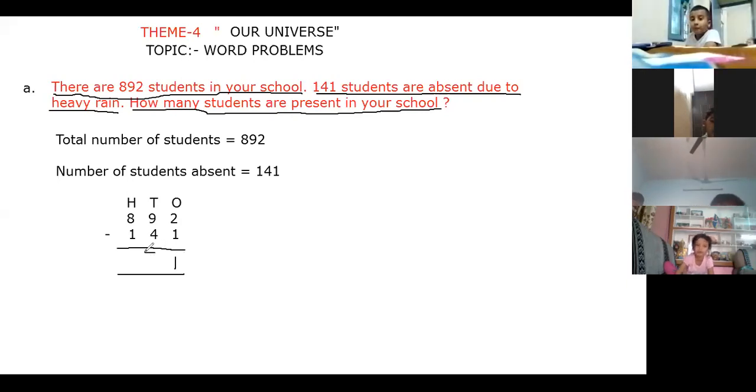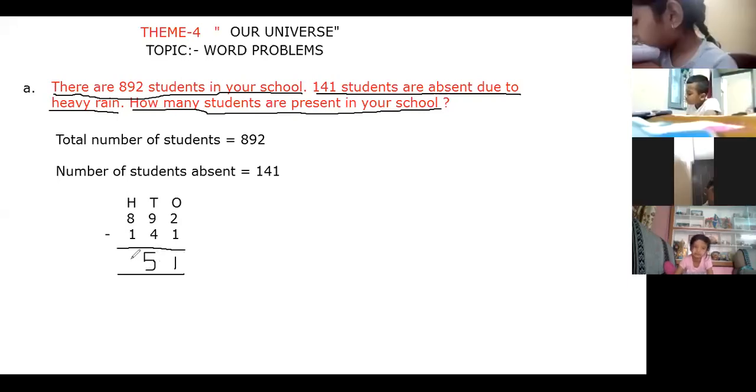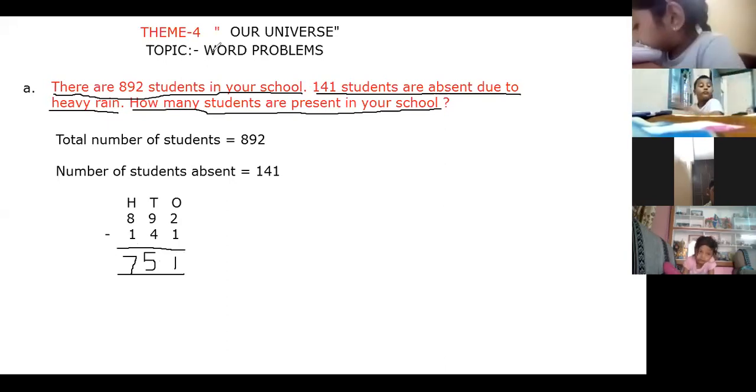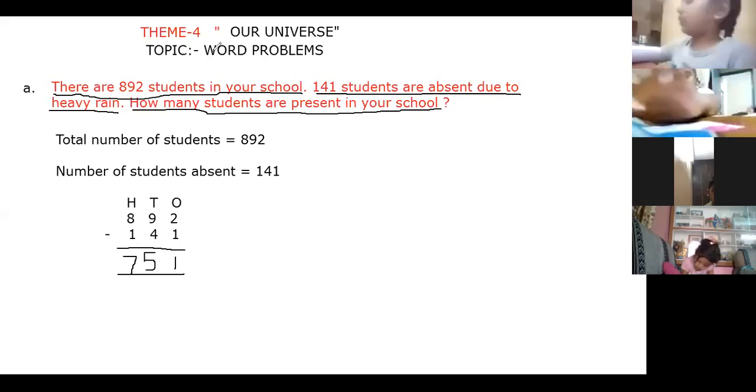Very good. And 8 minus 1? 7. So what is the answer, Shrivas? 751. Very good. So the answer is 751.